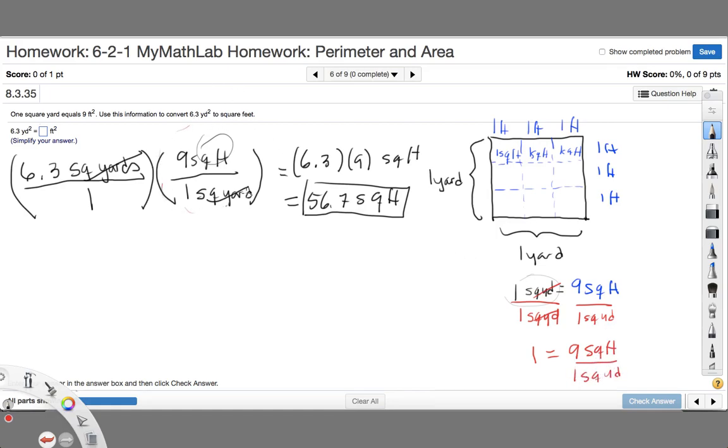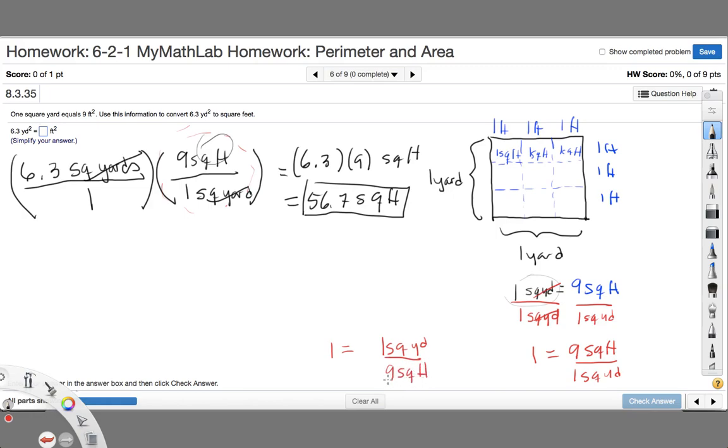So this guy right here is a gigantic version of 1. It looks much more complicated, but it is equal to 1. And since 1 equals 9 square feet over 1 square yard, 1 also equals 1 square yard over 9 square feet.